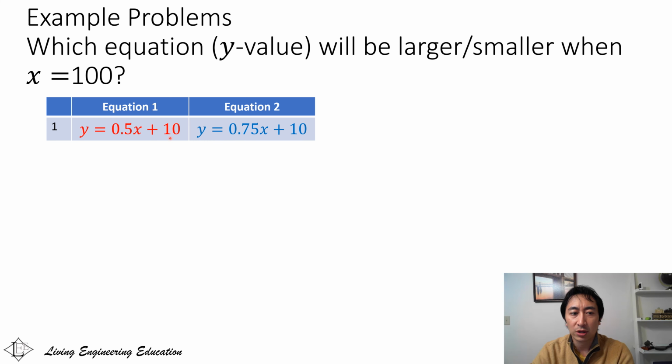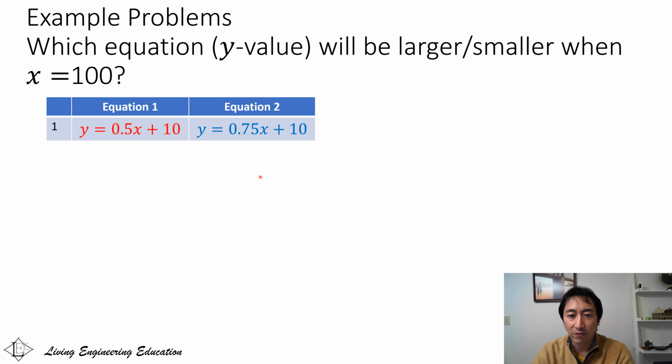In these 2 equations, you have the same y-intercept, which means these 2 lines will intersect at the y-intercept. Then you look at these 2 slopes, and you recognize that equation 2 has a larger slope. If they intersect at the y-axis, that means they have a common point there. Then if this one has a larger slope, it's going to grow faster than equation 1 will.